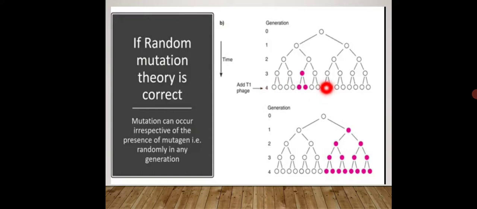It may occur in the fourth generation, it may occur in the third, it may occur in the second, it may occur in the first. Okay, I have added T1 phage in the fourth generation.